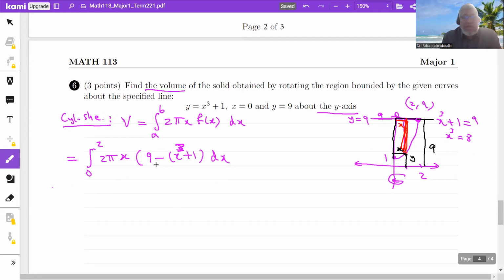And we can solve it. If you distribute the minus, 9 minus 1 is 8, so this is 8 minus x cubed.